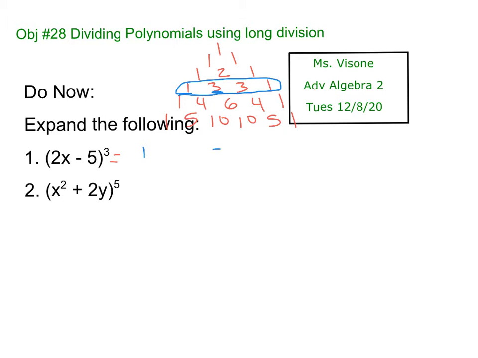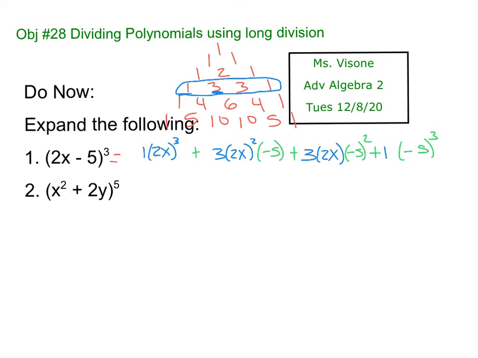And then I have my 2x to the highest power, 3, down to 2, down to 1. And then the last one's a 0, so you don't have to put that. And then I have my negative 5, starting at the back, negative 5 to the third, negative 5 squared, negative 5 to the first, and then the 0.